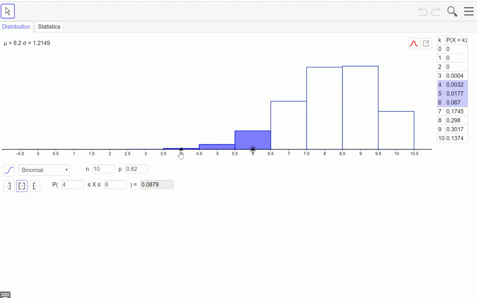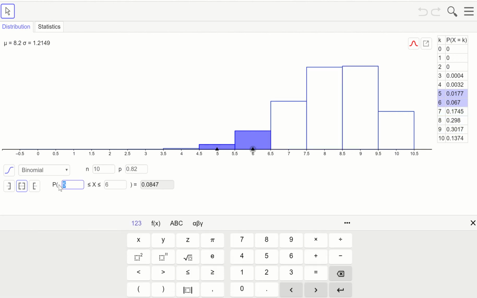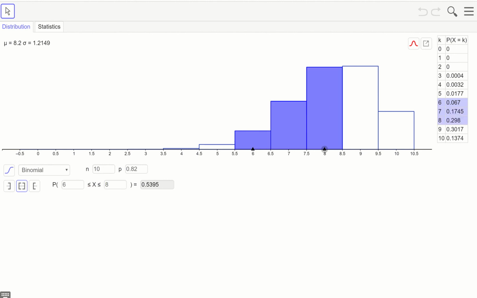So now you can see it's stuck between 2 values. So now you have a starting point and an ending point. And we just want to go from 6 to 8. And then you can see how it's shading. You can see on the right hand side what probabilities are being added together, and it's a 0.5395.